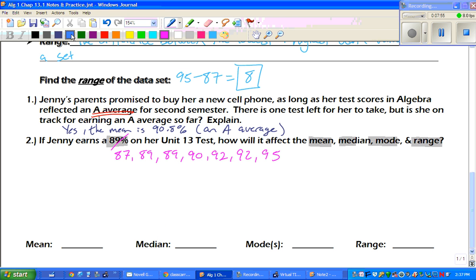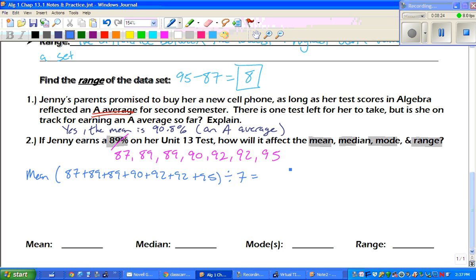Okay, so if we're going to find the mean, you need to take all of these numbers, 87 plus 89 plus 89 plus 90 plus 92 plus 92 plus 95. And now you're going to divide all of that by 7 because we added an extra test. Okay?